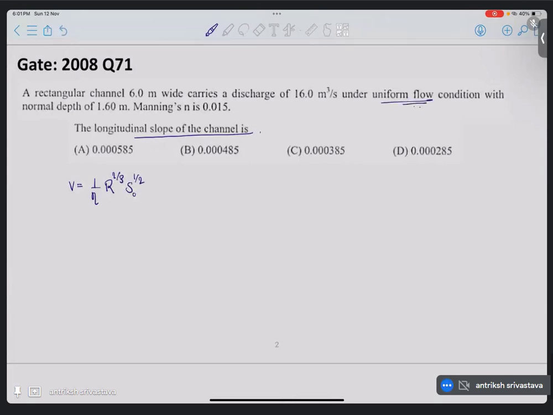What is R? R is nothing but hydraulic radius, and it is given by A by P, where A is the flow area, P is the wetted perimeter.